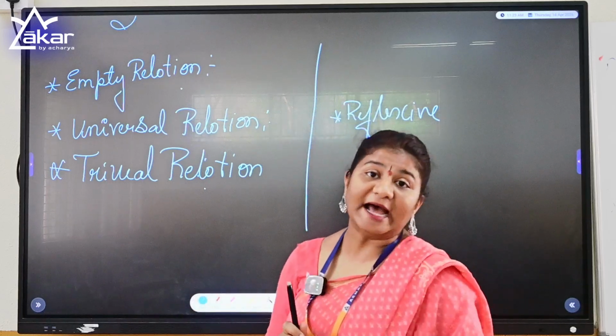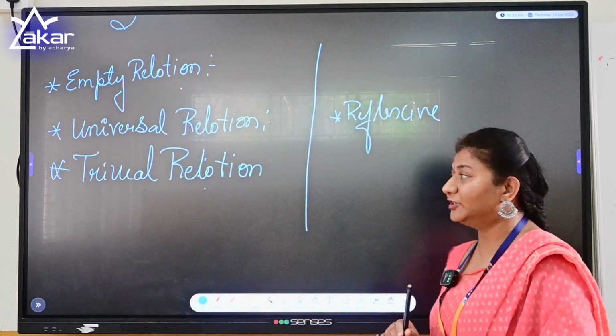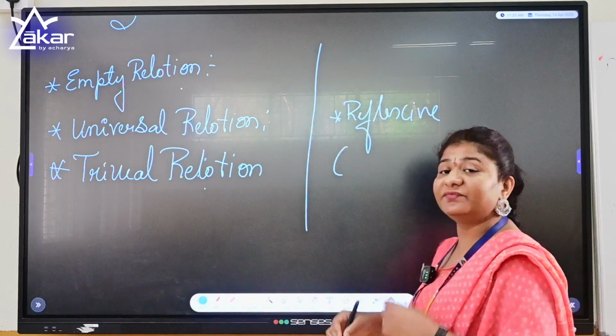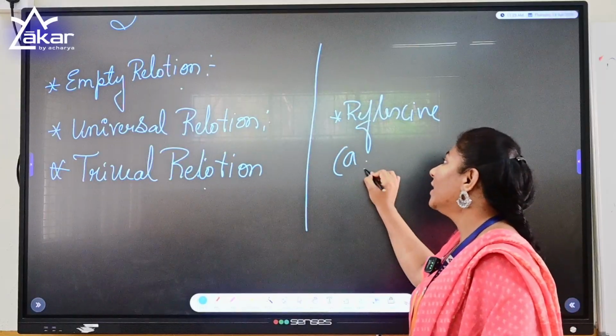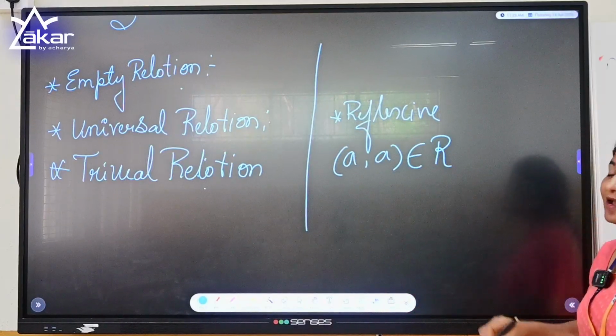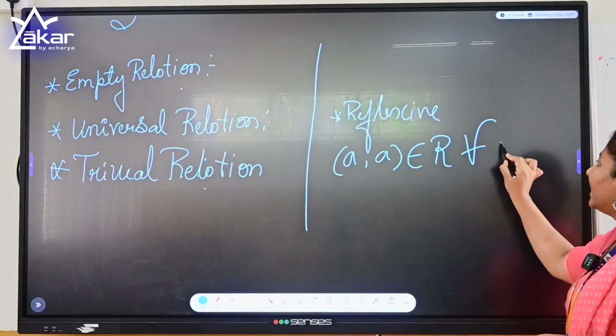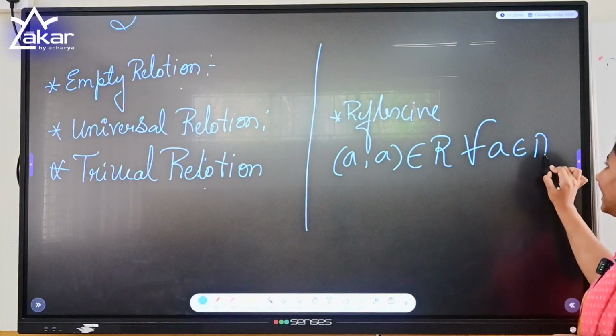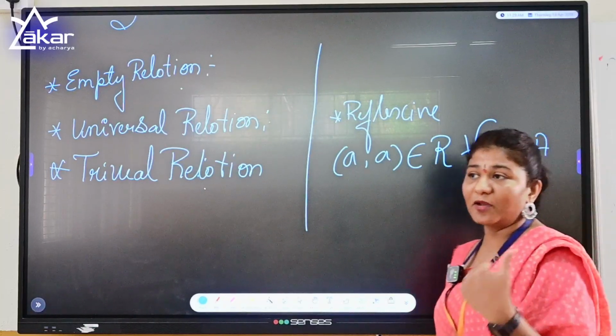Then we call it a reflexive relation. The condition is written as (a, a) belongs to the relation R for every a belongs to A.